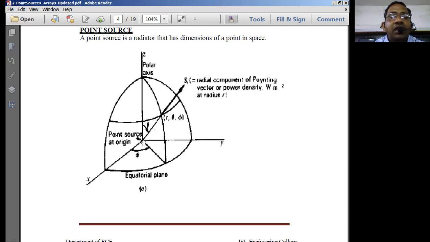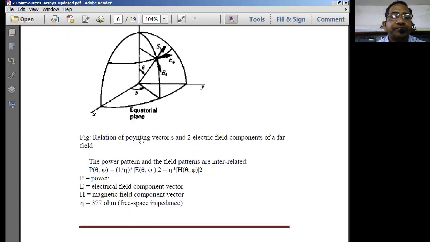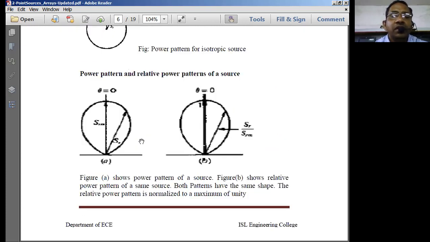Here we consider the antenna placed at the center of this sphere, which is known as the point source at the origin. So the properties of the point source are almost similar to the properties of a practical antenna. Only thing is, for simplification purposes, we have simply reduced the size of the antenna to a point source. So that is very important for us to consider here.